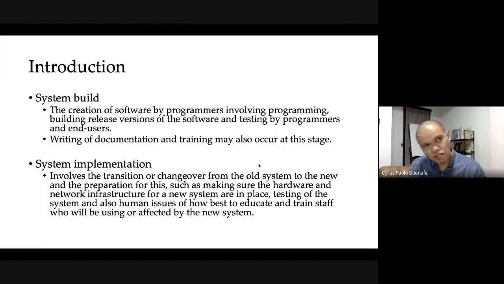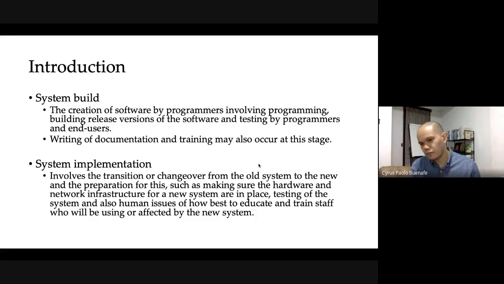But if you're using a different methodology, for example, agile, specifically, let's say Scrum, you're probably going to do your documentation and even your training as you go through the actual development. Especially if you're having multiple iterations of development. But this can happen.